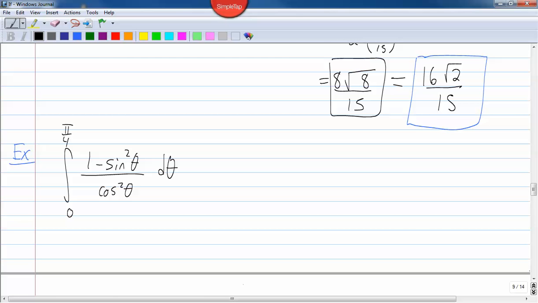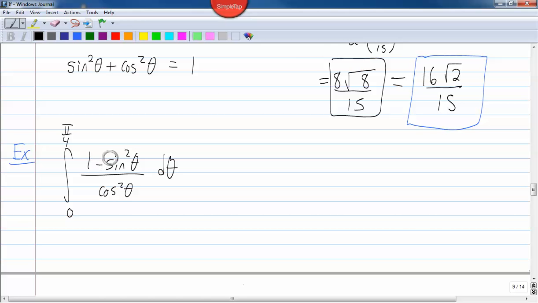And we all notice that when we see 1 minus sine squared or 1 minus cosine squared, we have something that kind of goes off in our memory, hopefully. If sine squared plus cosine squared of theta is equal to 1, then you can move either one of these functions over. You can get 1 minus sine squared theta equals cosine squared theta, or 1 minus cosine squared theta equals sine squared theta.